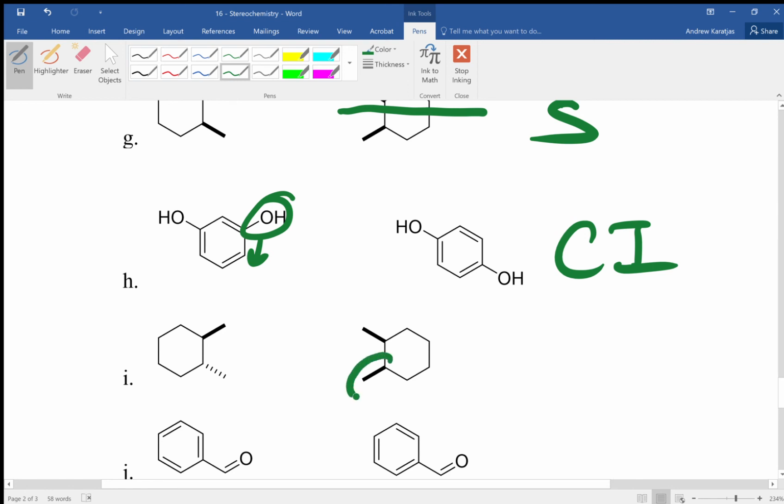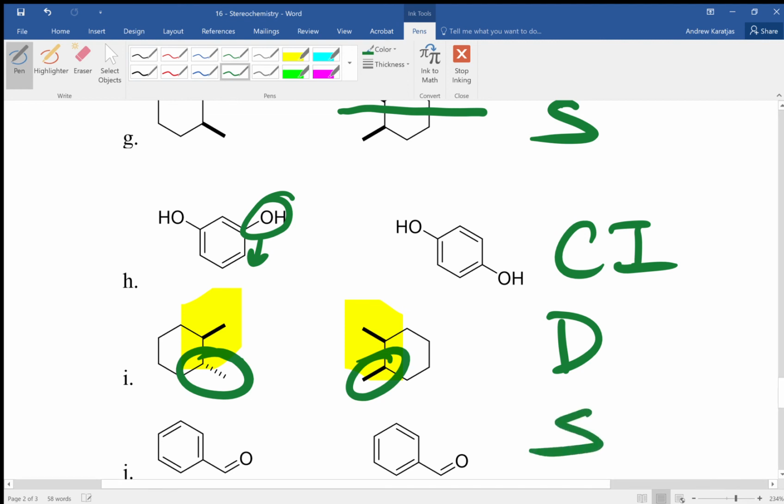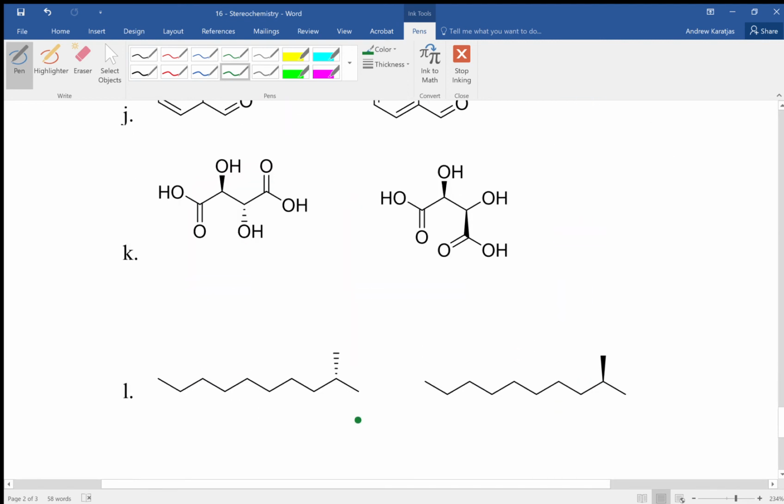In I, we've reversed one chiral center, but not the other chiral center. Those are diastereomers. Part J, these are just resonance structures of each other, and that means they're the same. K is another one where your models will help you. This one's, again, not as obvious.